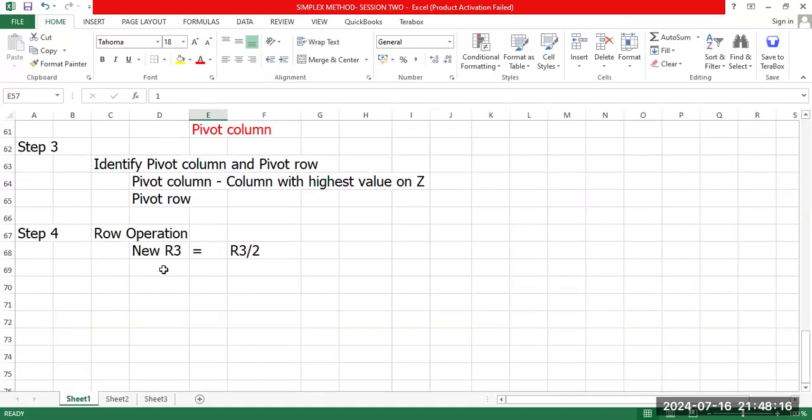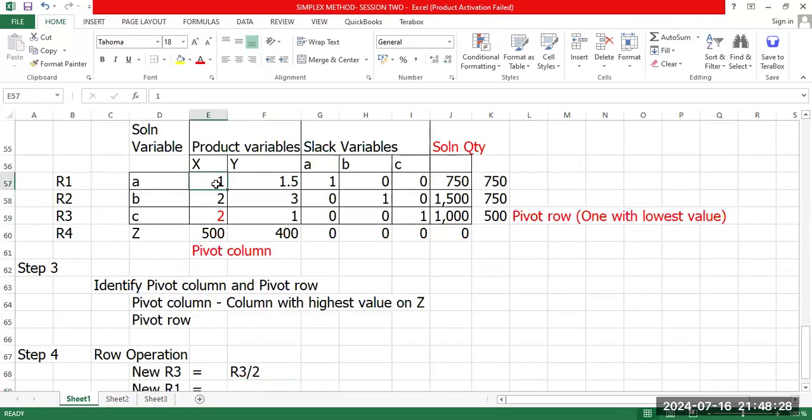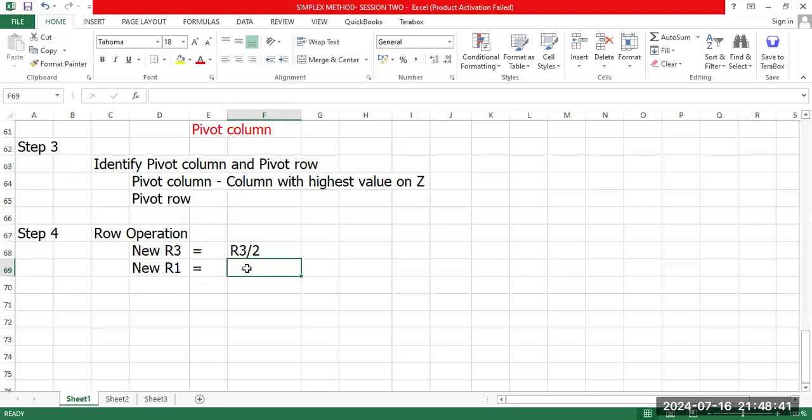Who can guess? Who can try? Which formula can we use to make this value appear as 0? We get the original row 1, the row we want to change. Then we subtract. Here we don't divide, we subtract.